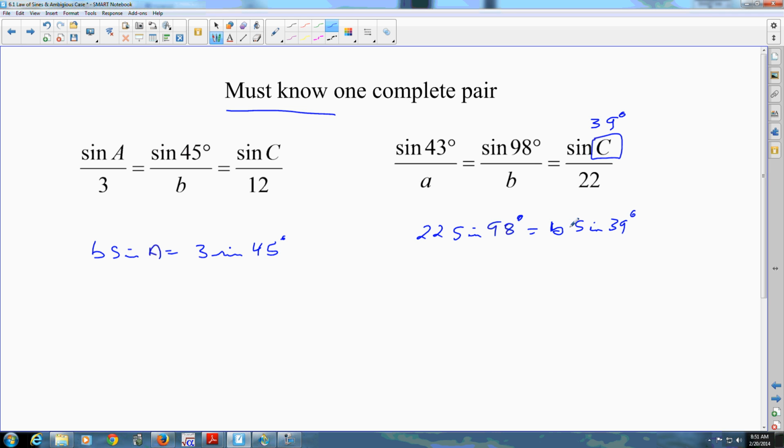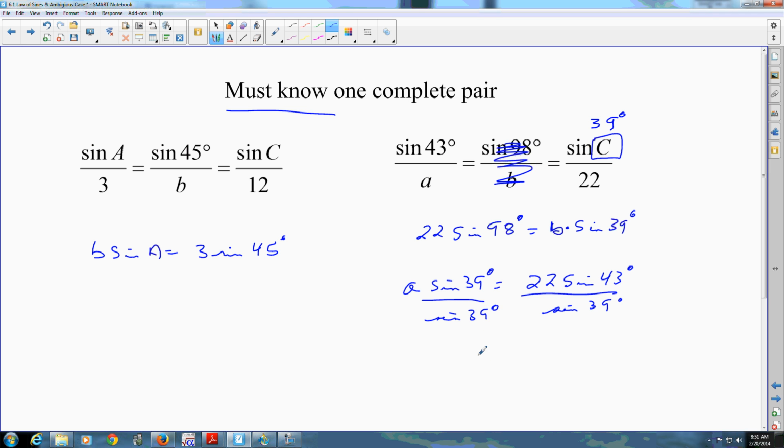And then just like in the previous problem, you would divide by the sine of 39 to find side B. This is again an example of I've had to calculate side B. I would avoid using this one now to find side A. And I would start over and go A sine 39 equals 22 sine 43, and then divide out sine of 39 to find side A. Okay, so that's how you'd finish this one.